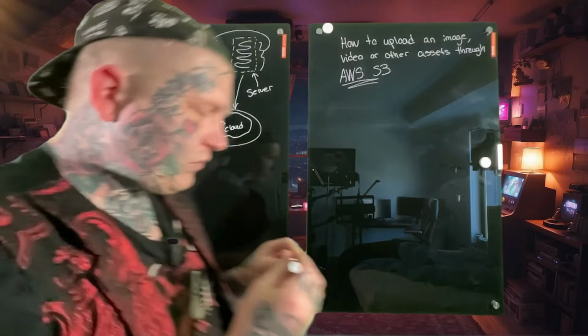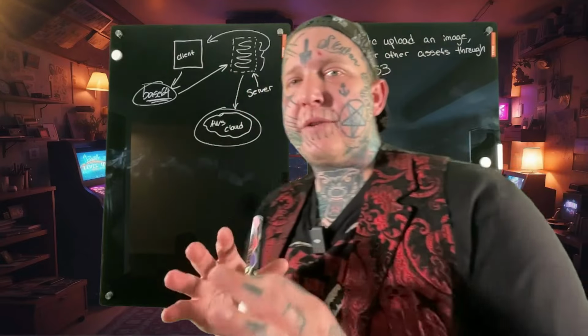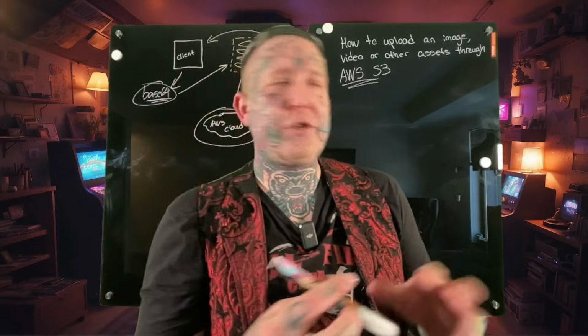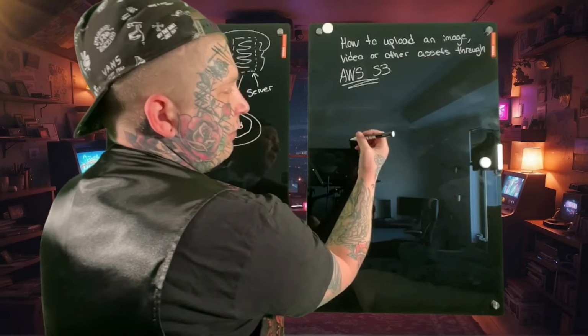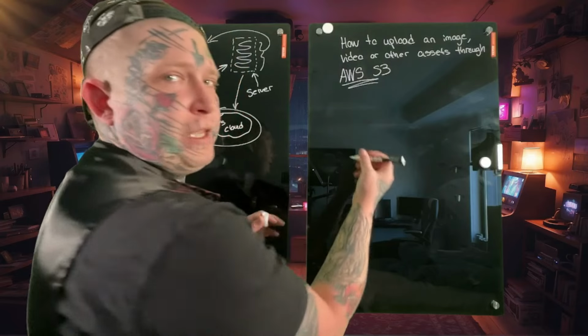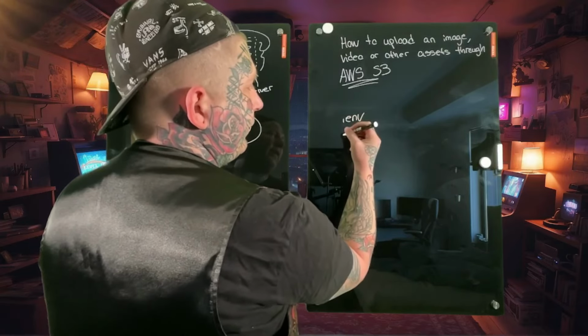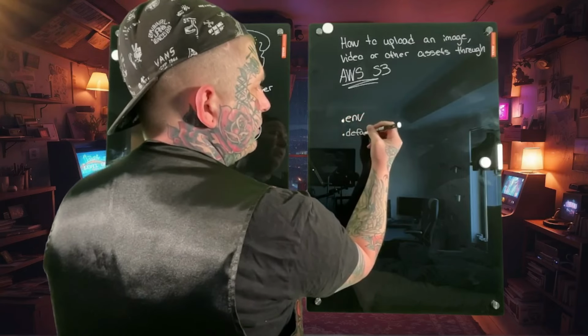Now, you need to display these images, right? We need a way to render our uploaded images. What that looks like is you'll have what I save in my .env or .env.default on the back end.